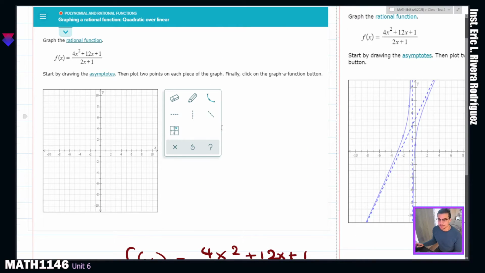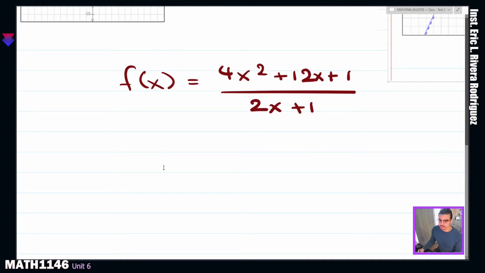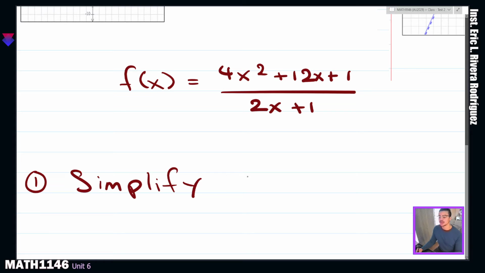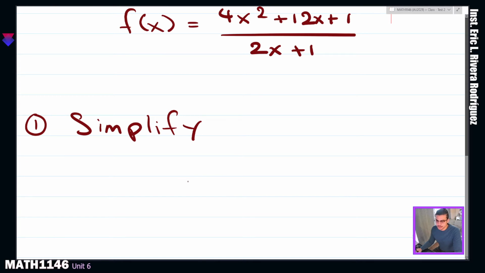All right. So here is our rational function. And the first thing that we want to try to do is to simplify, right? But this is not always going to be possible to do.